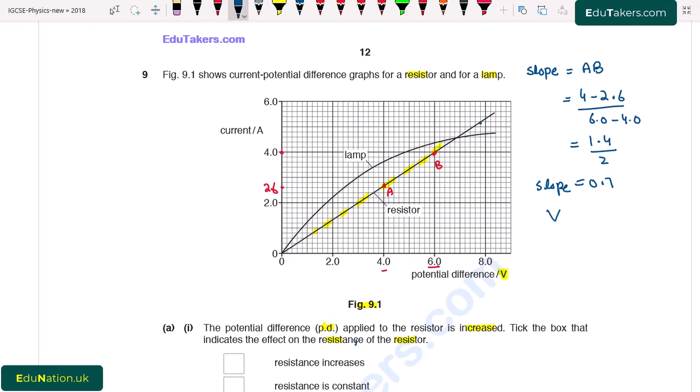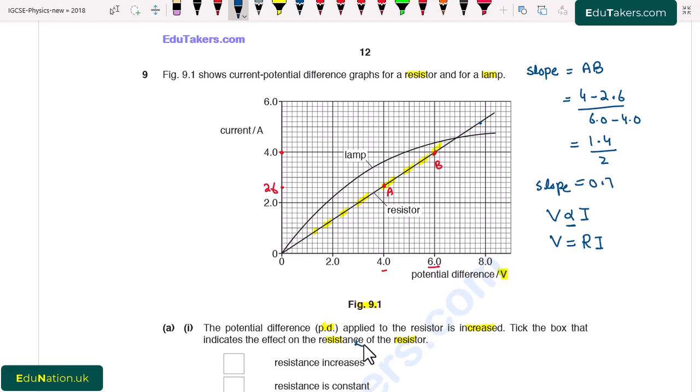Potential difference is directly proportional to current, and when I remove this sign of proportionality, it comes to be V equals R I. So this R is basically resistance, and here resistance remains constant in the case of resistor because the graph between the current and potential difference is a straight line.